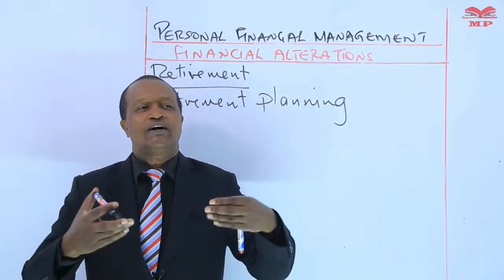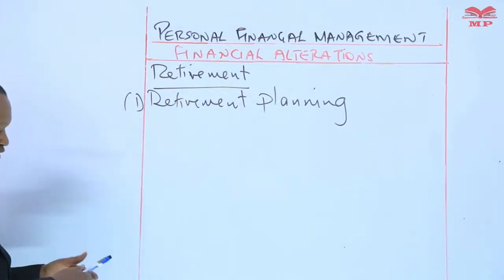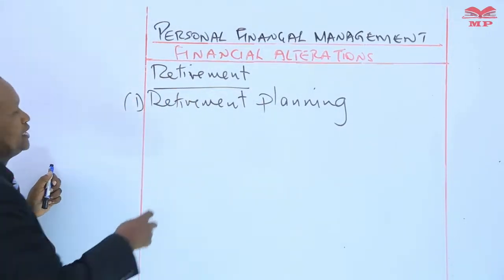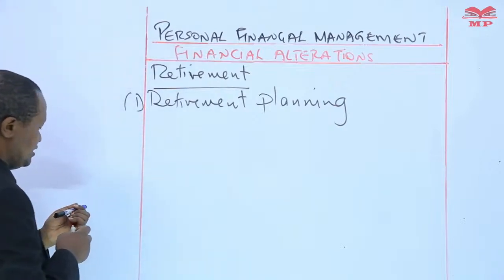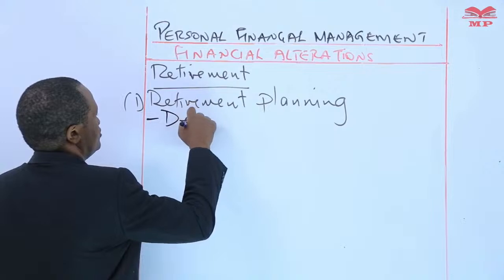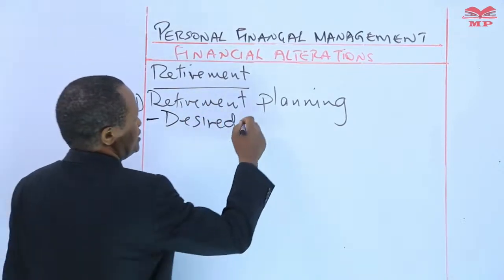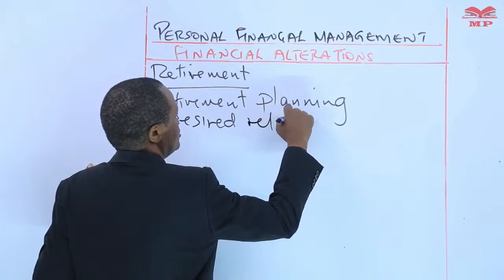One has to have a comprehensive retirement plan that includes desired retirement age. Within this plan, there has to be a desired retirement age.